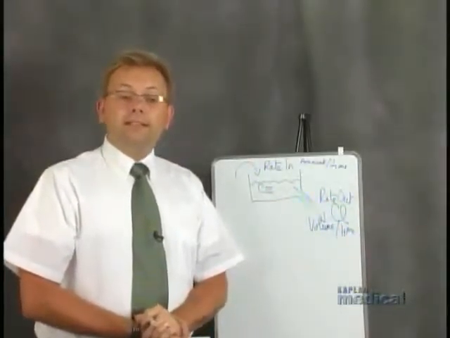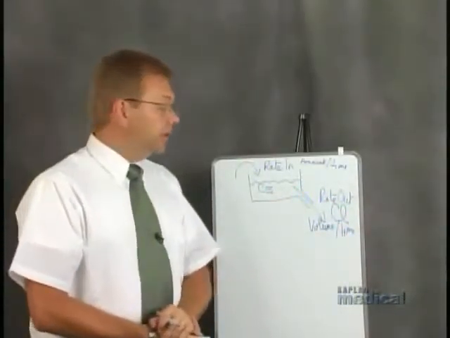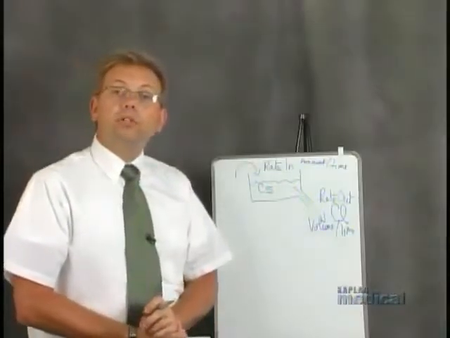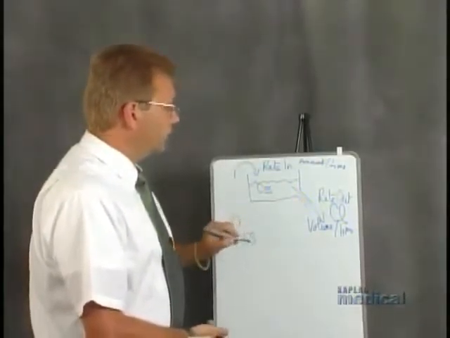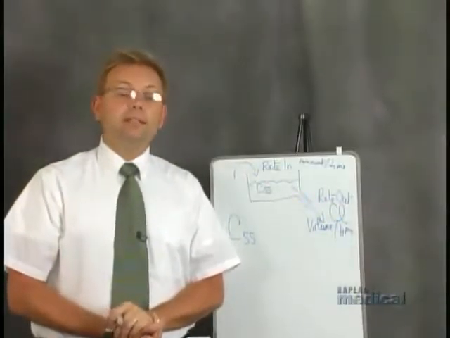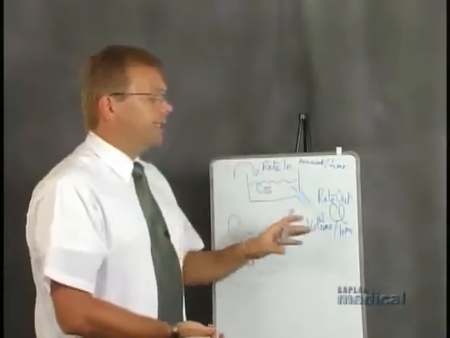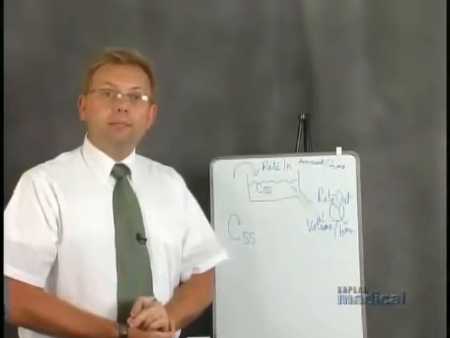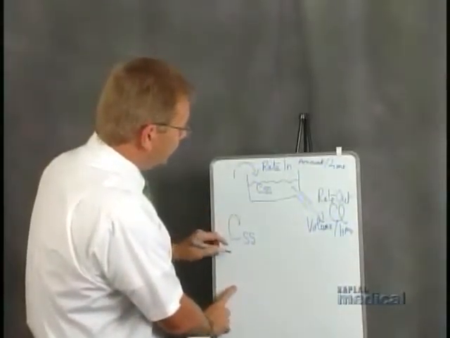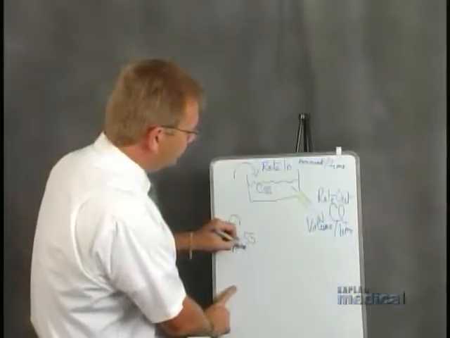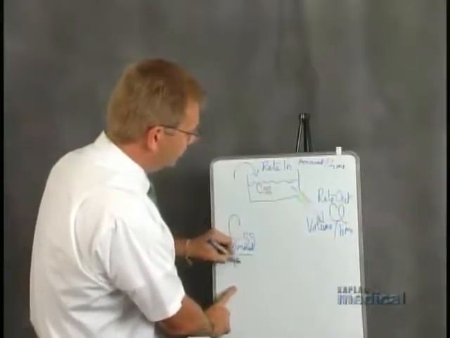If that's the case, I'm sure you can come up for me with what should be the general equation relating a concentration at steady state with those parameters of rate in and rate out. Just remember, what are the units of concentrations? Units of concentrations are amount per volume.